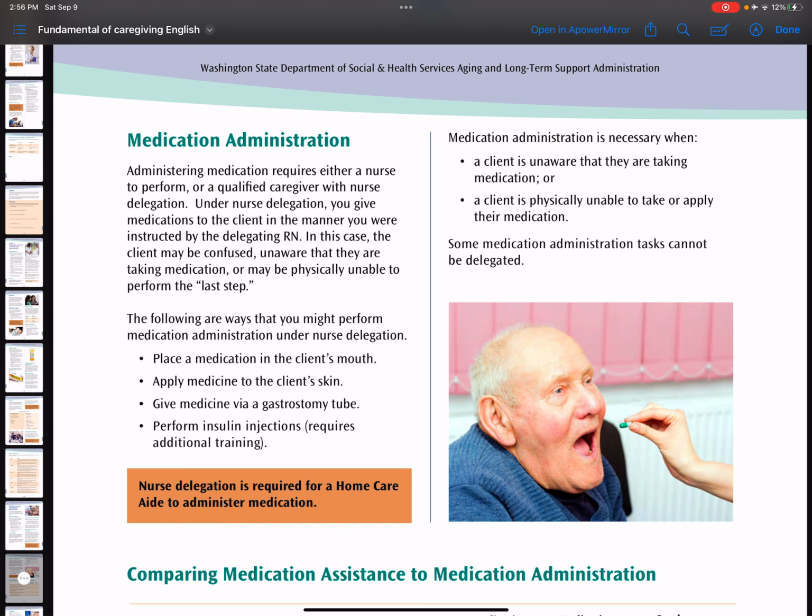Either the nurse does it, or the nurse has to delegate to you so that she will teach you. The nurse will tell you to give a medication to the client in the manner you are instructed by the delegating RN. So nurse delegation is required for a home care aide to administer medication. It's very important for you to know.